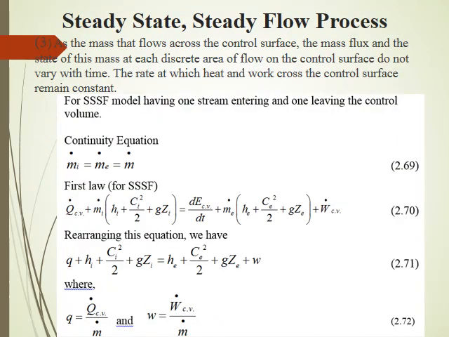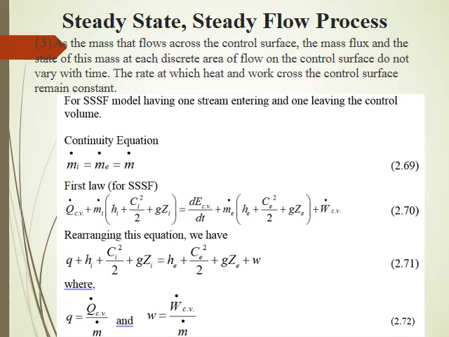The third assumption is that the mass that flows across the control surface, the mass flux, and the state of mass at each discrete area of flow on the control surface do not vary with time. The rate at which heat and work cross the control surface remains constant.